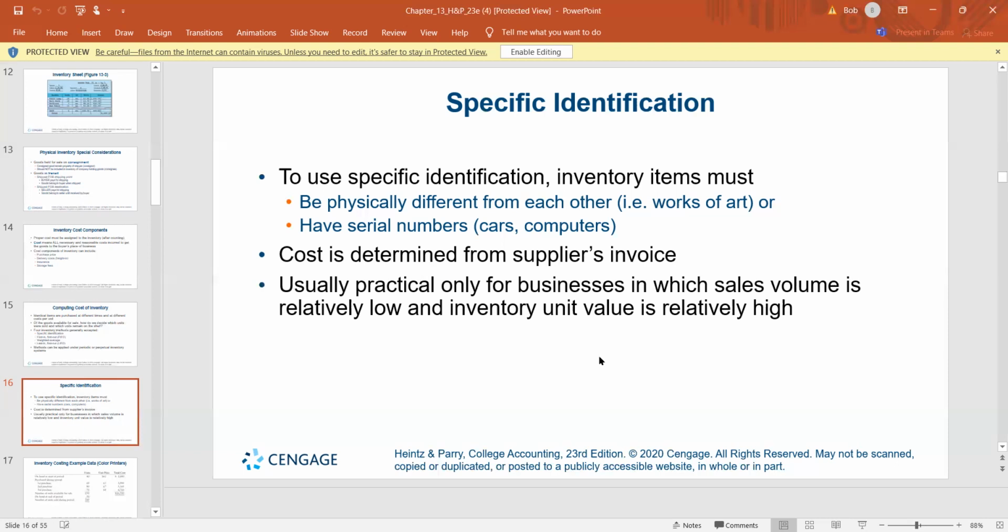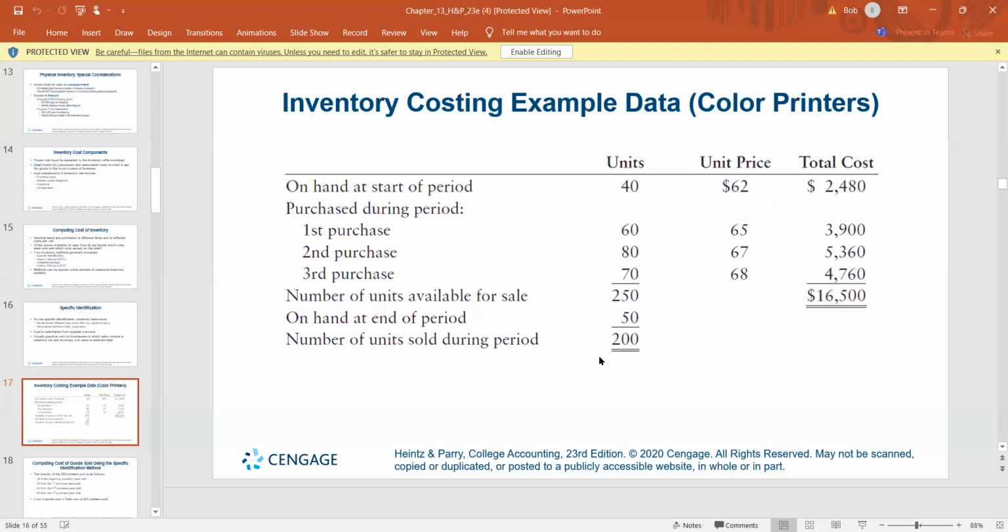No, it's not like selling soda or something simple like this. Big ticket items need to be tracked in case there's a problem with that car. So they specifically know what car I bought and when they bought it. And this should look a little more clear as we go through these methods here.